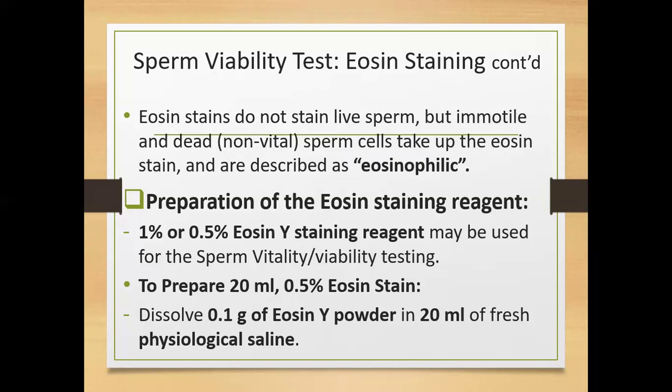Are you there with me? Yes, sir, we are here. Okay. Before you prepare your reagent, you ought to have prepared your saline, and I'm sure you all know how to prepare saline. What is the concentration of physiological saline? 0.9%. All right, good.